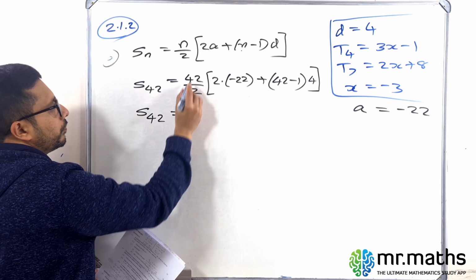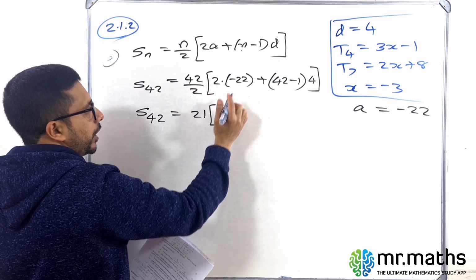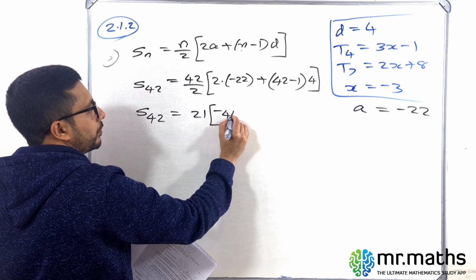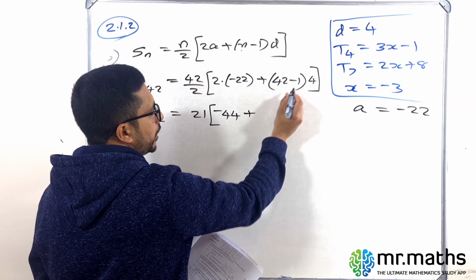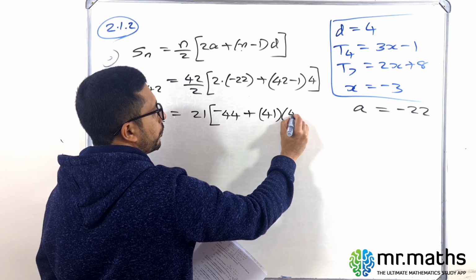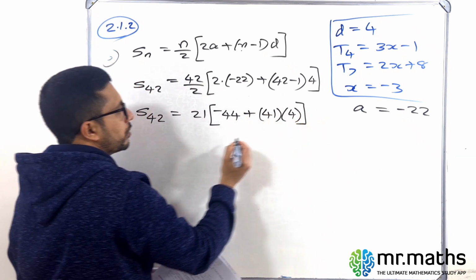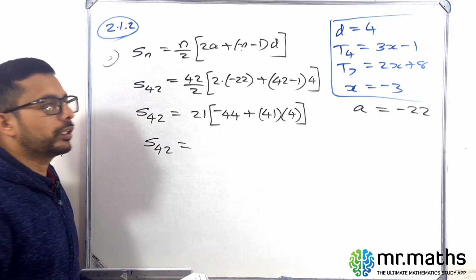So S42 is equal to 42 by 2, which is 21, times 2 times minus 22, which is minus 44, plus 42 minus 1, which is 41, times 4. Now you don't want to do many steps, you can take your calculator and find the answer.